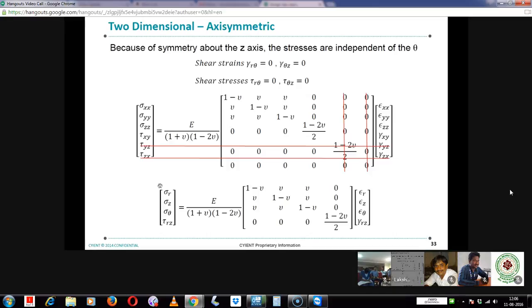Now four components remain: radial stress, axial stress, hoop or circumferential stress, and shear stress. Here we got an additional equation for hoop stress, because we get a circumferential or hoop strain due to radial deformation.